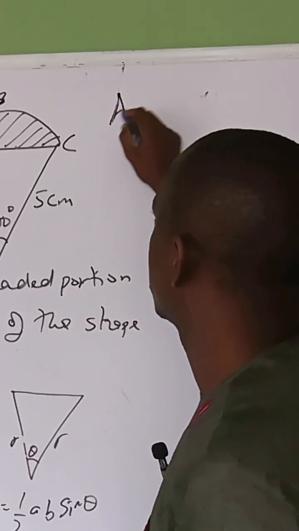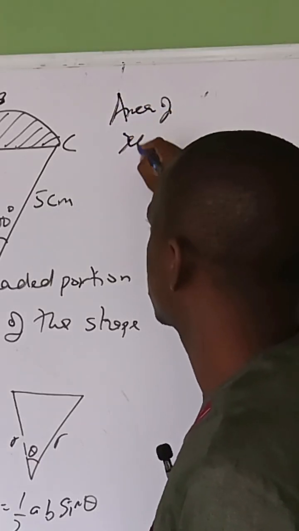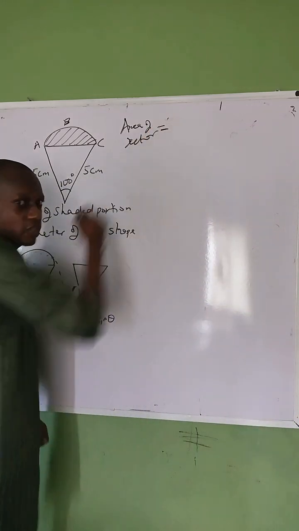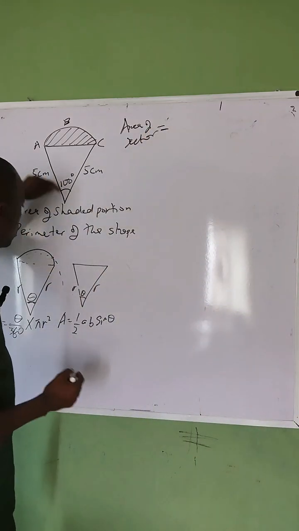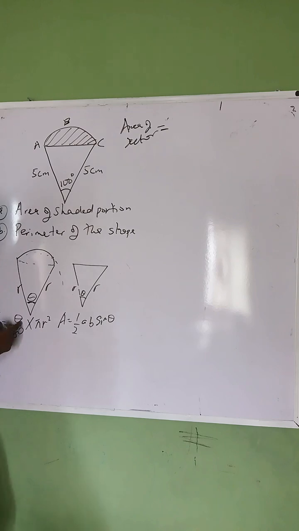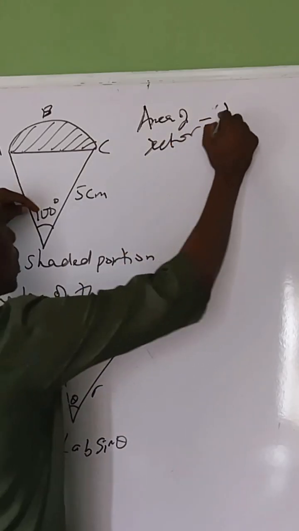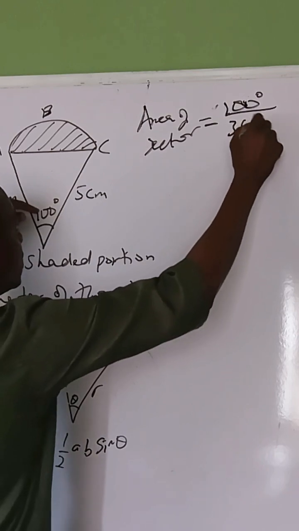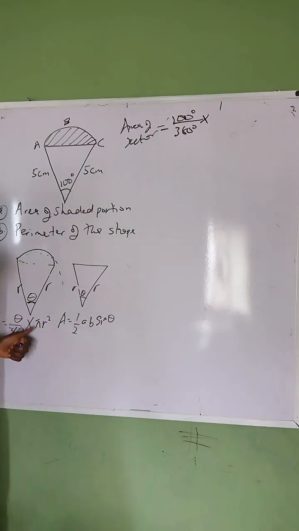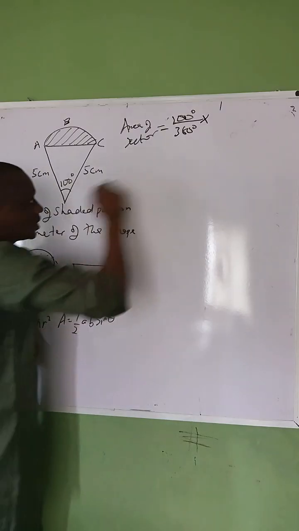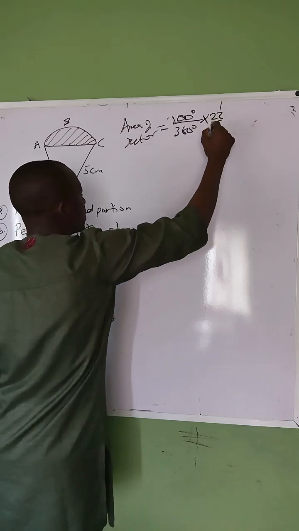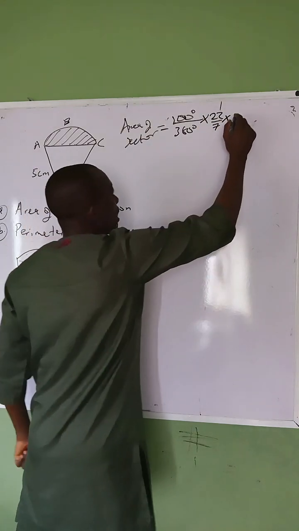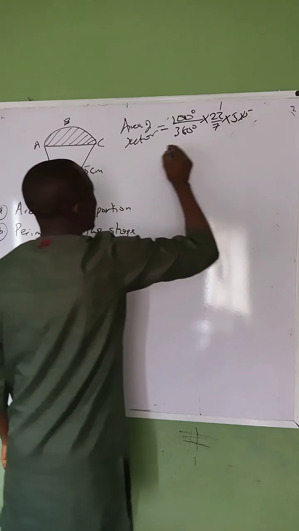Now, the area of the sector is equal to, instead of this theta, the theta will now be 100. So we say 100 degrees over 360 degrees multiplied by pi, which is 22 over 7, multiplied by r squared, that's 5 times 5.